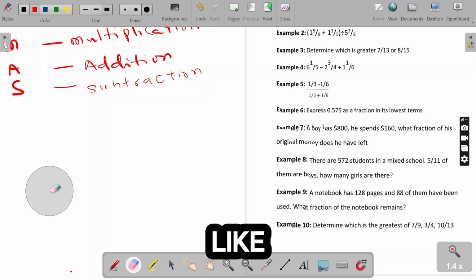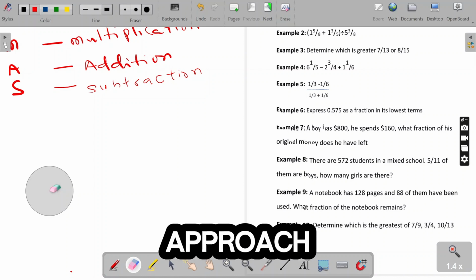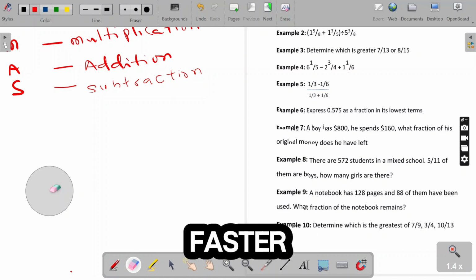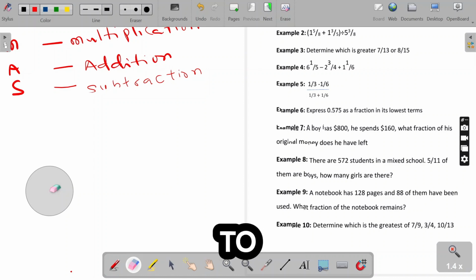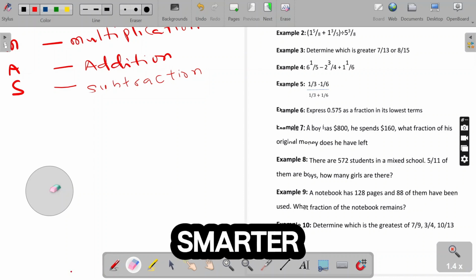Math is simple. Like I said, it all depends on approach. So the approach here is to teach you faster ways of solving mathematical questions, and also to teach you mental mathematics, to help your reasoning and make you become smarter.